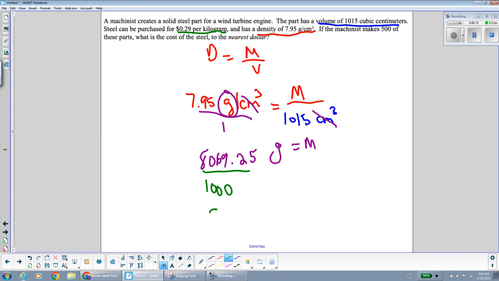And I got 8.06925 kilograms. So that is the mass in kilograms. Okay, so now that we know how many kilograms the steel weighs, we can figure out the cost. Since it costs 29 cents per kilogram, let me multiply the mass by 0.29.